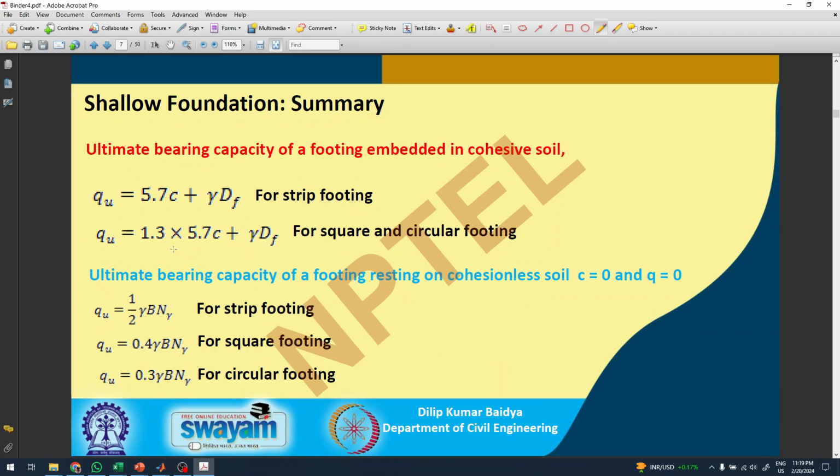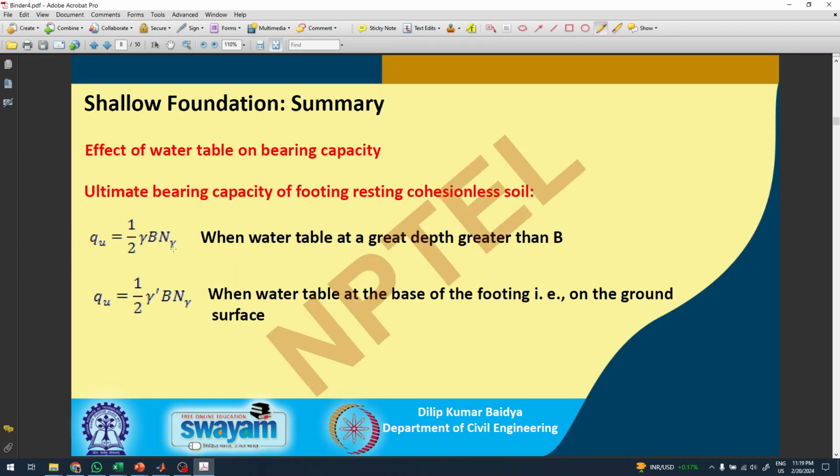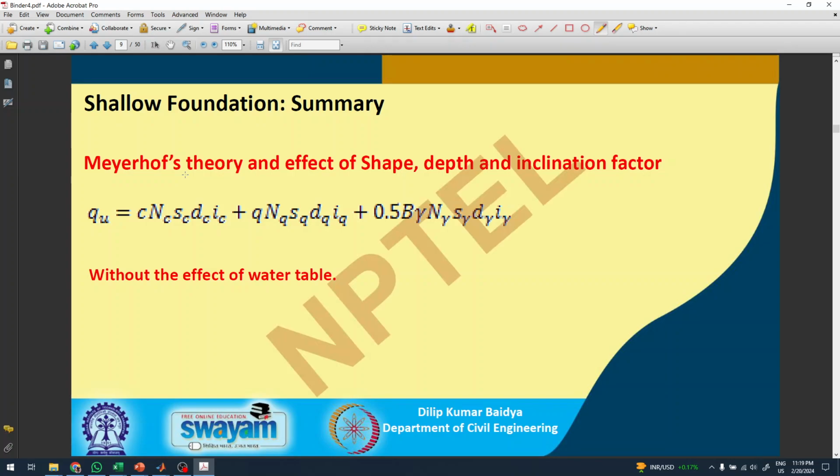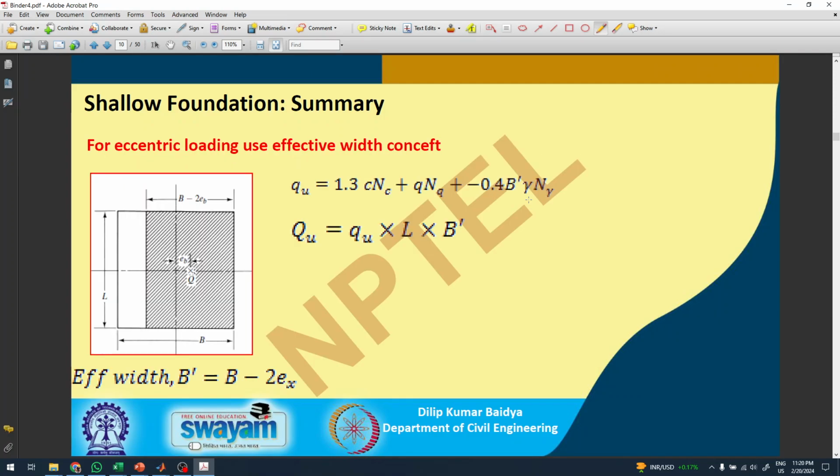Ultimate bearing capacity for cohesionless soil. These are different cases of the same theory. And we have also solved a question that details the effect of water table on bearing capacity. We then discussed a question based on Meyerhof's theory, effect of shape, depth, and inclination factor. We did some questions based on that.